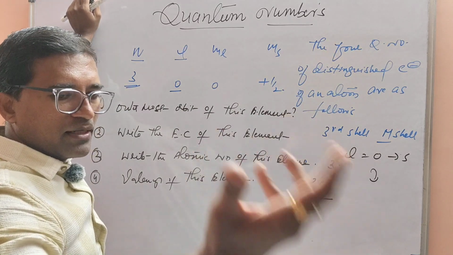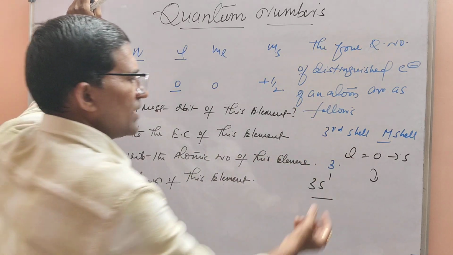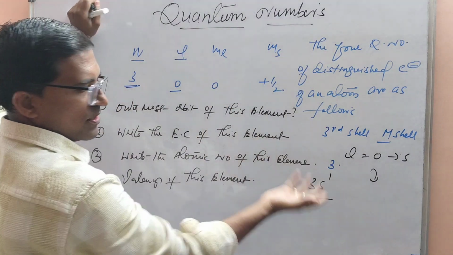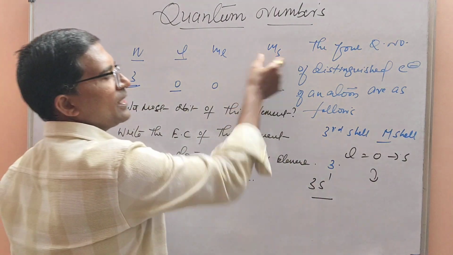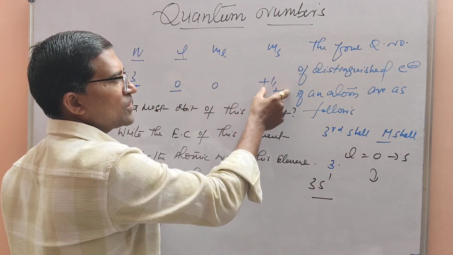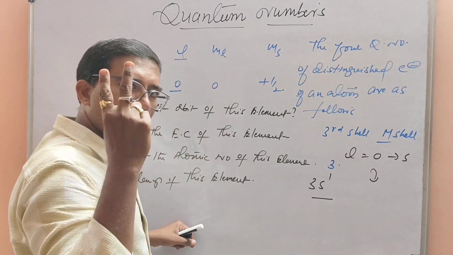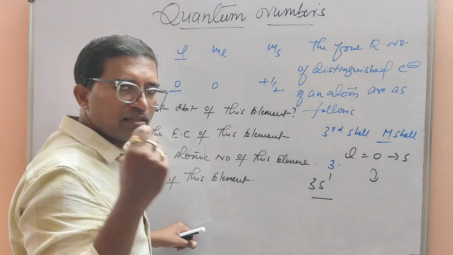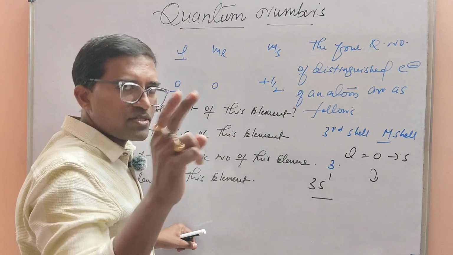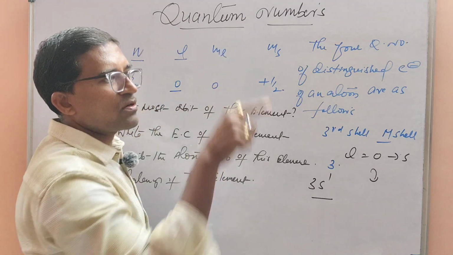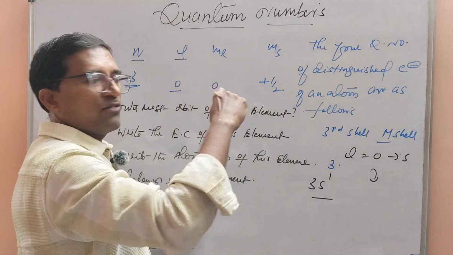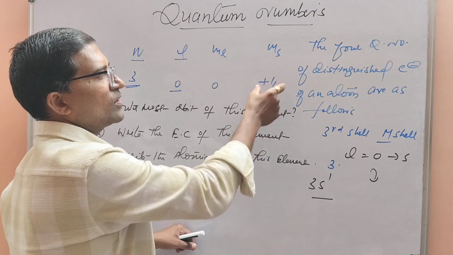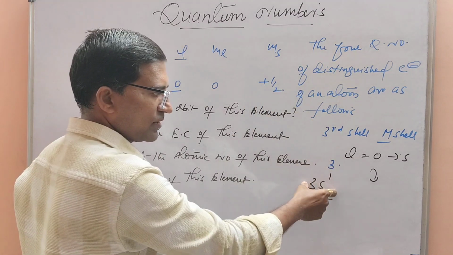Hence I am writing 3s. The MS value given is plus half. In the s subshell, containing the s orbital, 2 electrons are there maximum. One electron spins clockwise, another anti-clockwise. If the first electron spins clockwise, the value is plus half. So 3s1.